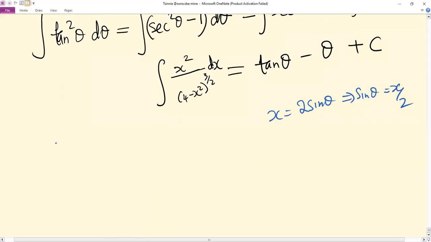Draw a right angle triangle. Sine is opposite over hypotenuse.